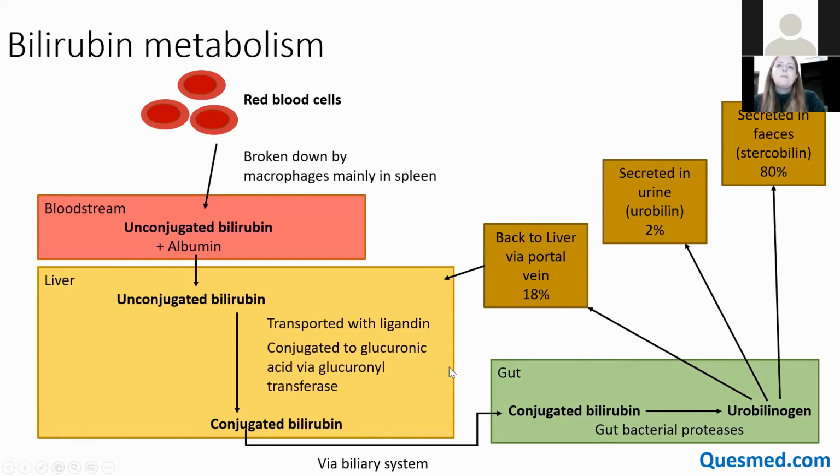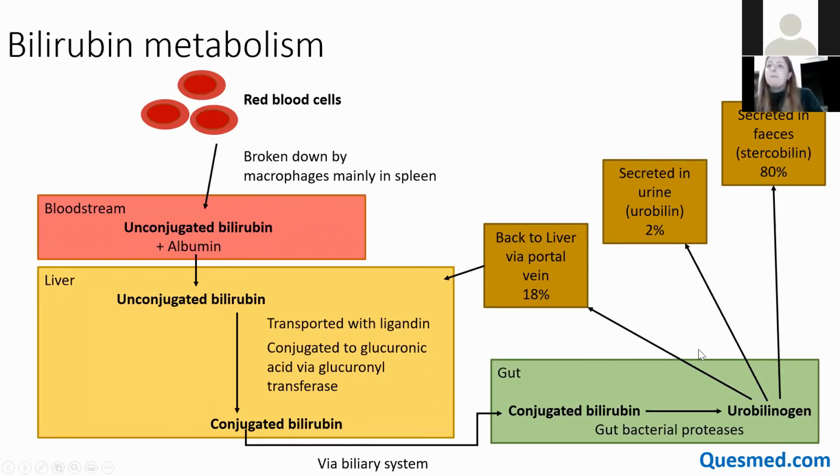So when you bear that in mind, it helps you appreciate why people who have cholestatic or obstructive causes of jaundice, so where there's an issue with the movement of bilirubin via the biliary system down into the gut, that's why you get pale stools and dark urine, because you get less conjugated bilirubin that's turned into urobilinogen and ultimately then stercobilin.